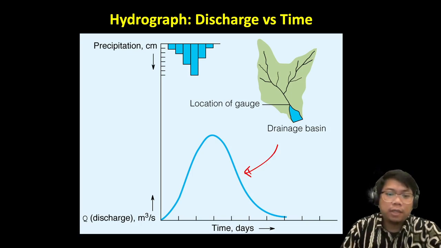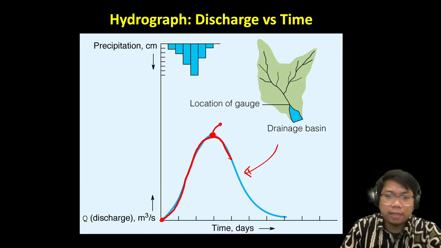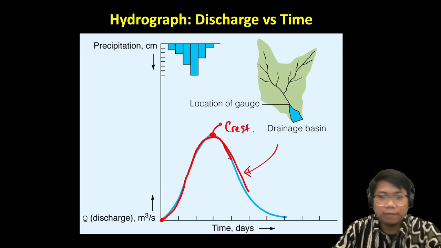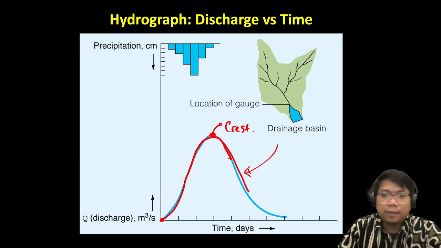All right, here represents the start of a flooding, and then the level of the water increases right here, and eventually it reaches the crest first and then goes down to the normal level again.